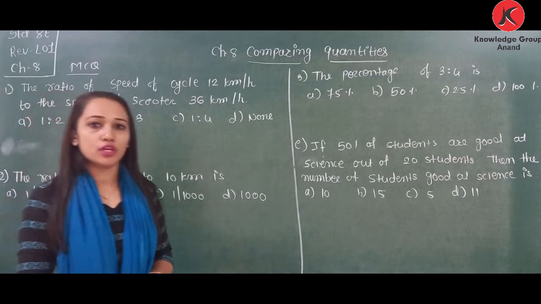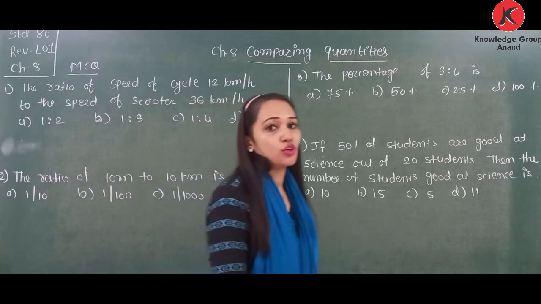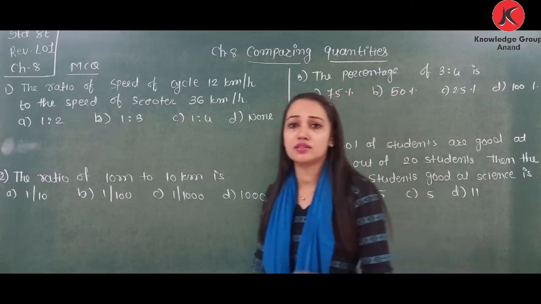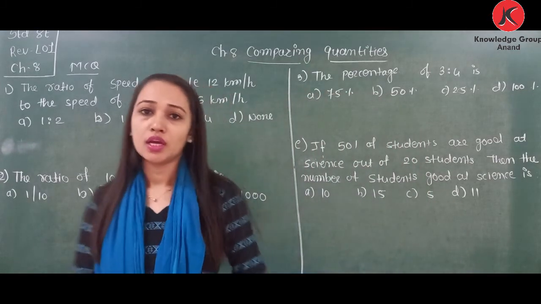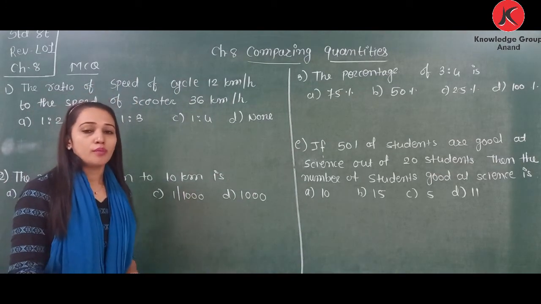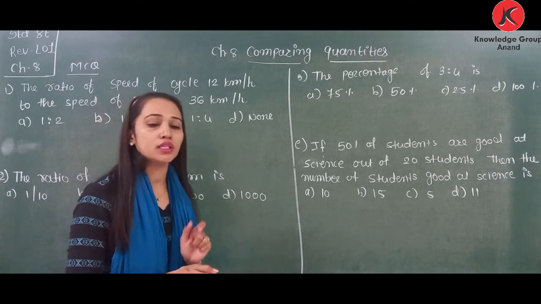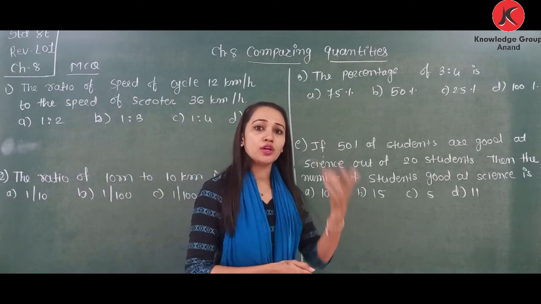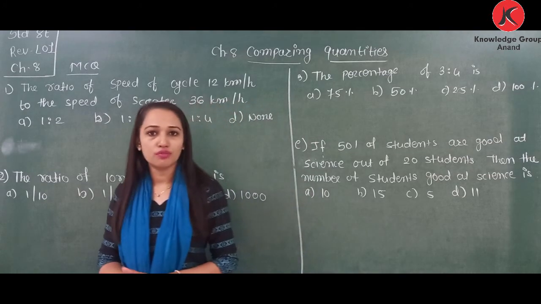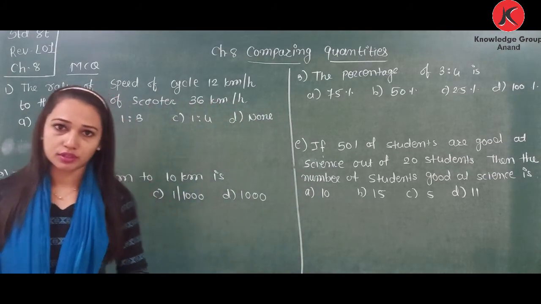Percentage is a kind of ratio, but it is the numerator of a fraction with denominator 100. If we have a denominator of 100, then whatever numerator is there, that is our percentage. Percentage is always counted from 100.